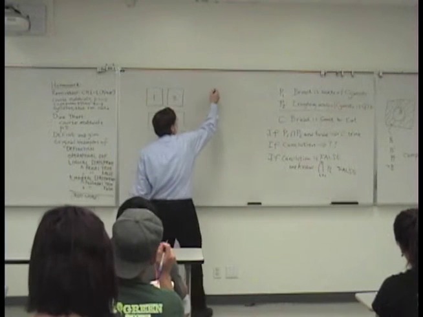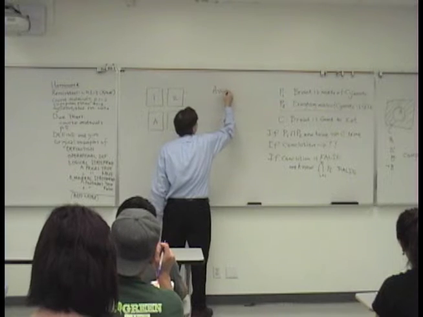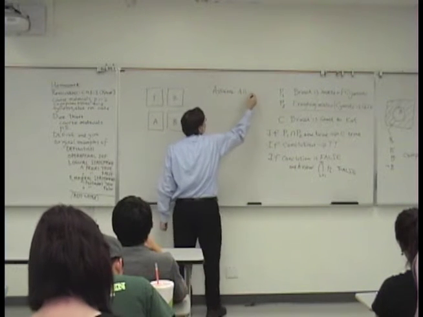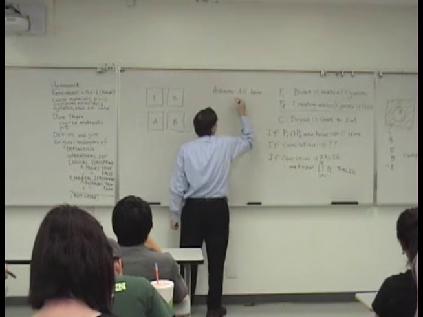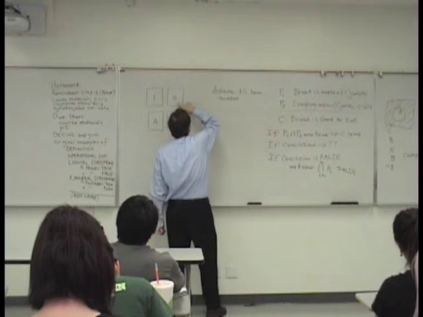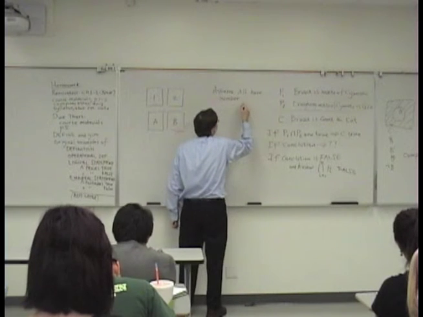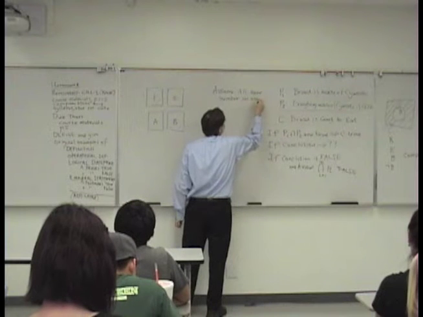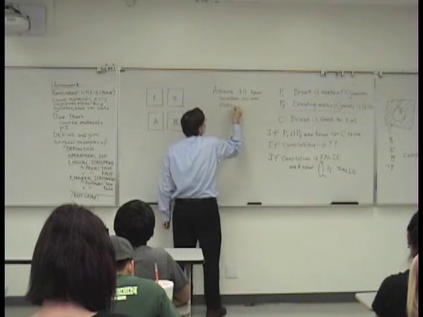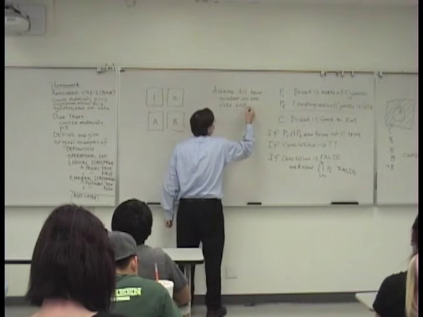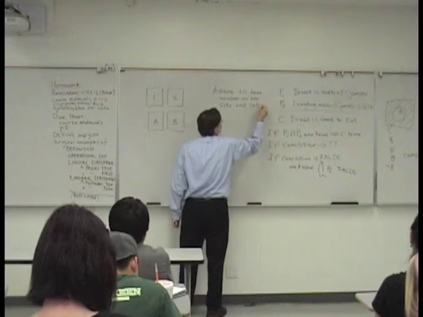And you can assume that all cards have a number on one side, an Arabic numeral, like these Arabic numerals we use. So they have an Arabic numeral on one side, and a letter, a Roman letter, from our Roman alphabet, on the other.